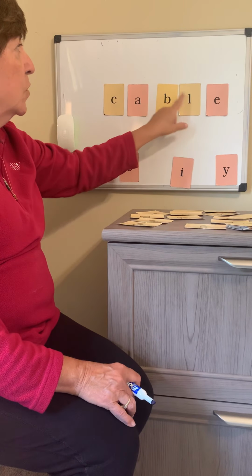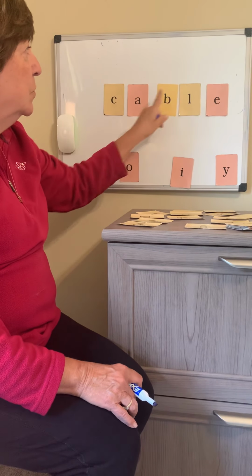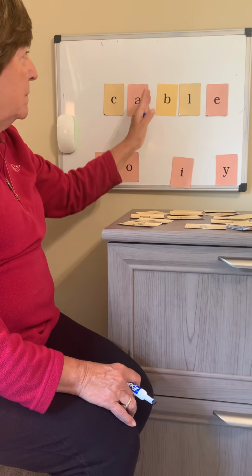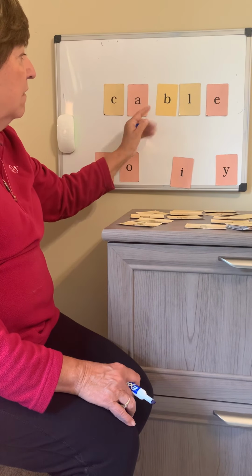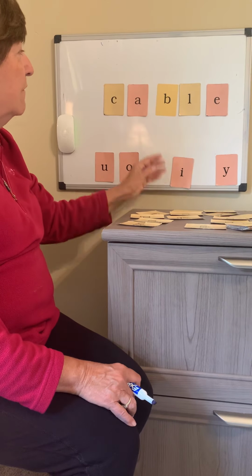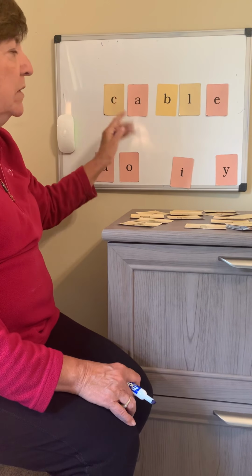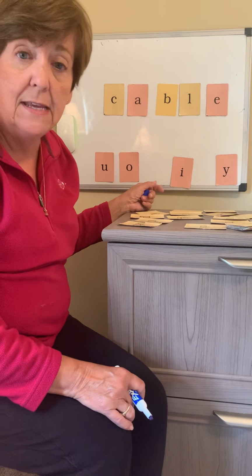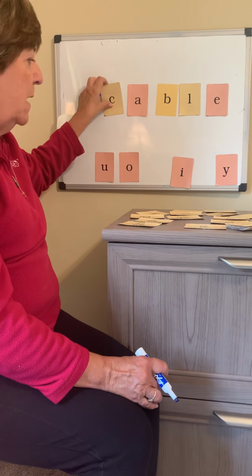Well, this consonant goes with this syllable, so it doesn't really have a consonant after it. But I'm not putting an extra B there because I don't need it. If I had an extra B, it would be cab, and then we'd be building the word cable. I don't even know what that is. I'm sure you don't either. Cable.